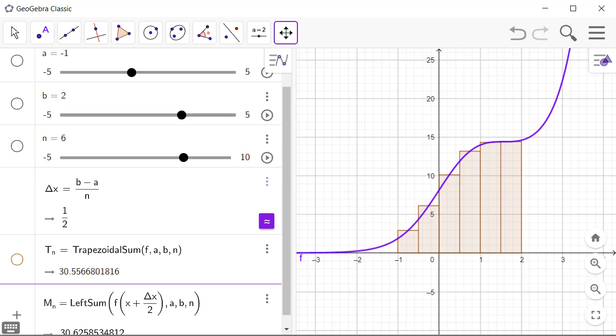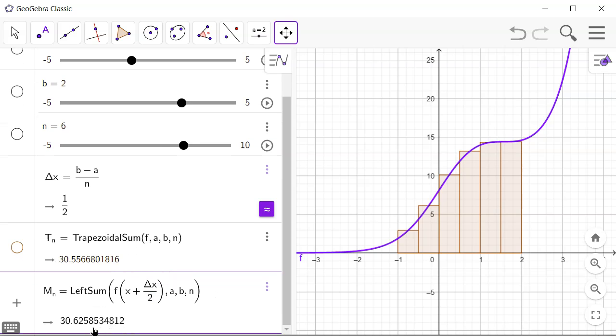So they're doing a left sum on the shifted version of the function, which takes on the value at the midpoint. You can see that this is going to be a midpoint sum and the value is down here.